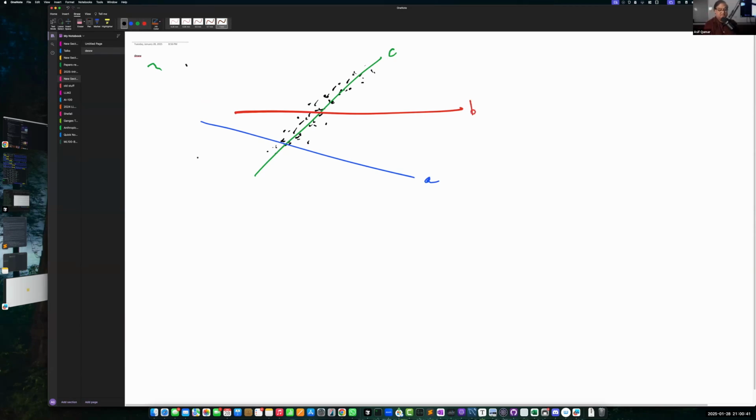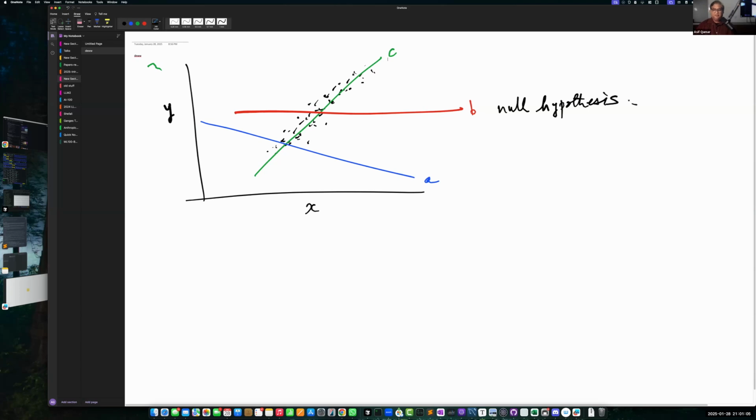And your data, the axes, this is your Y and this is your X. You're trying to discover a model, a relationship between X and Y. You would all agree that C is better, isn't it? There's something to be said about B. B is what is called a null hypothesis. The pen has started working. The null hypothesis.